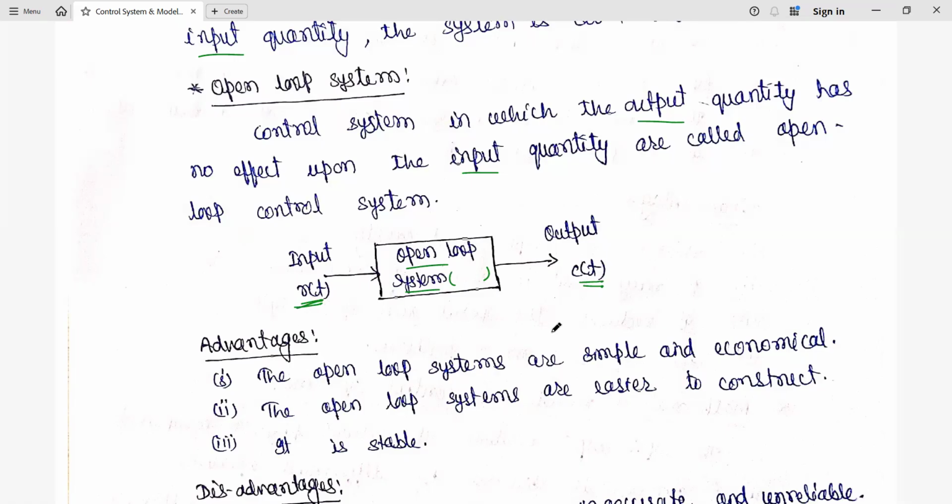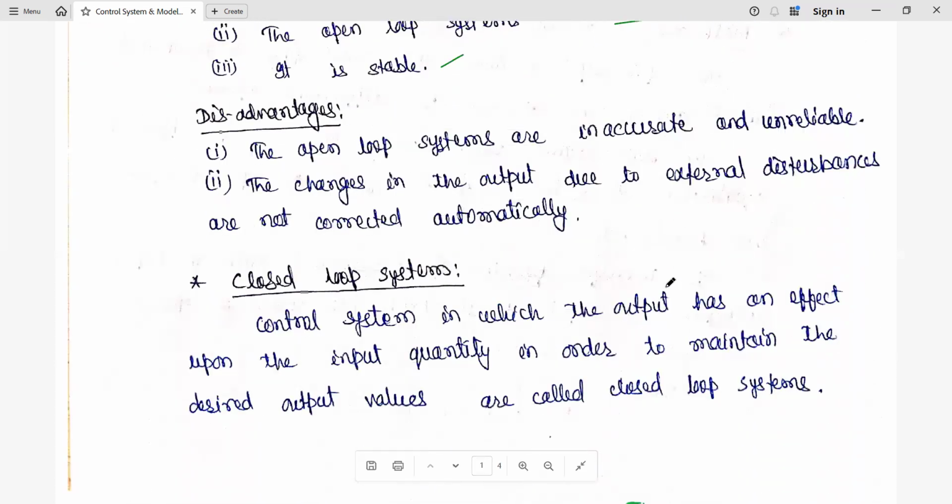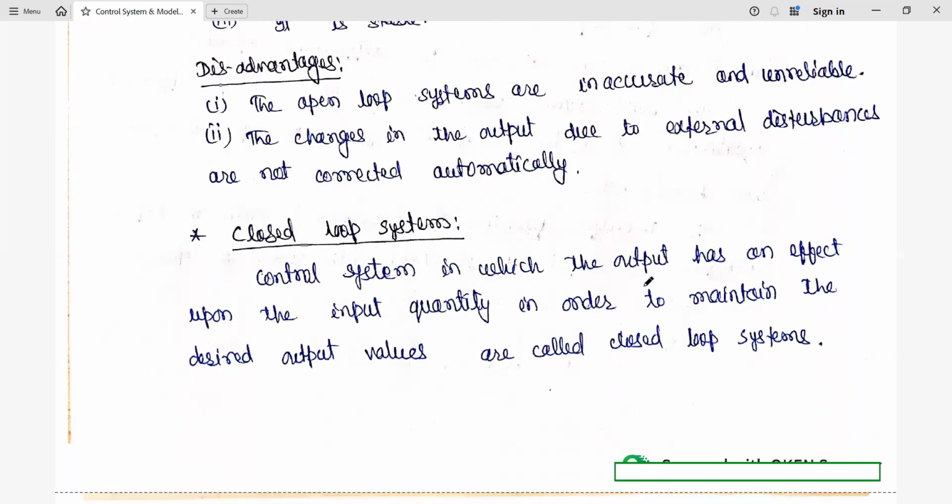So what is the advantage of the open loop system? It is simple and economical to construct, easier to construct, and it is stable. Here the output is going to be stable since feedback is not connected. And what is the major disadvantage? It gives inaccurate and unreliable output, and changes in the output due to external disturbance are not corrected automatically.